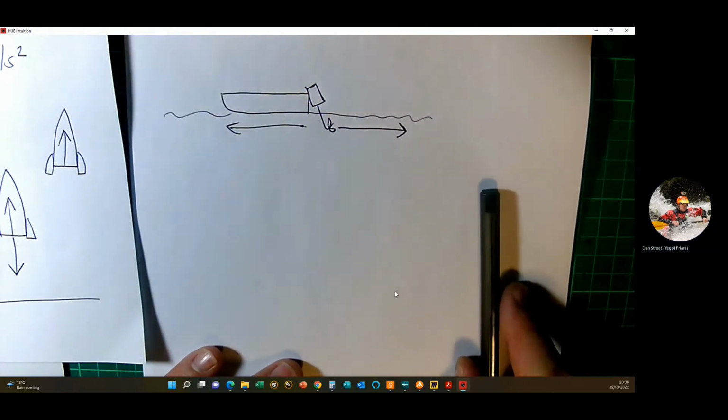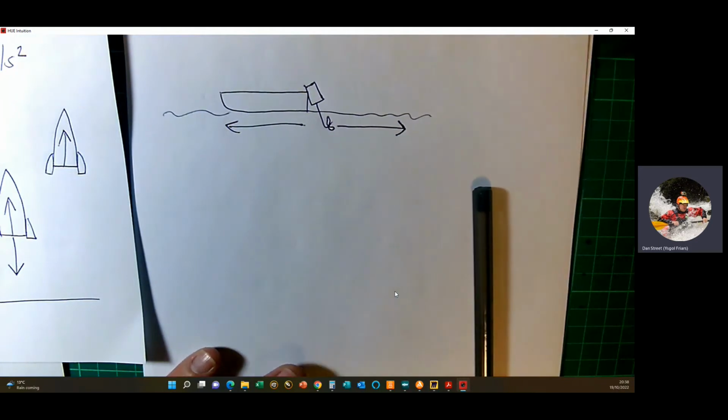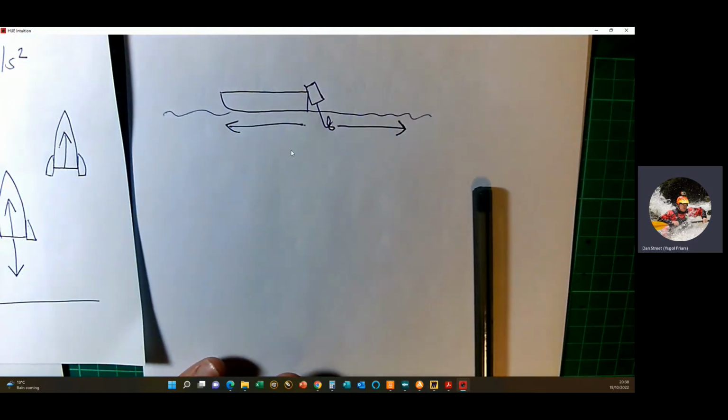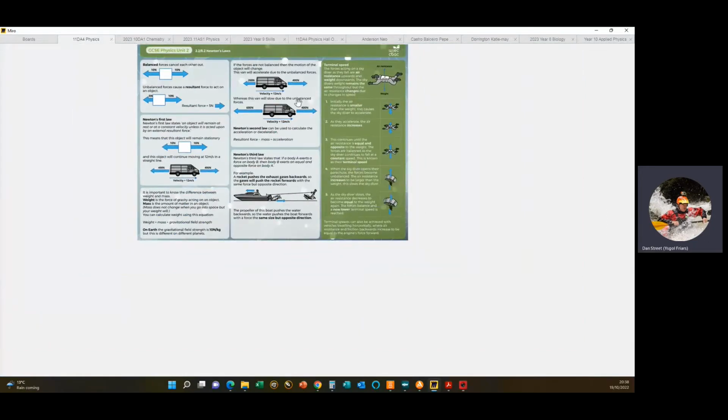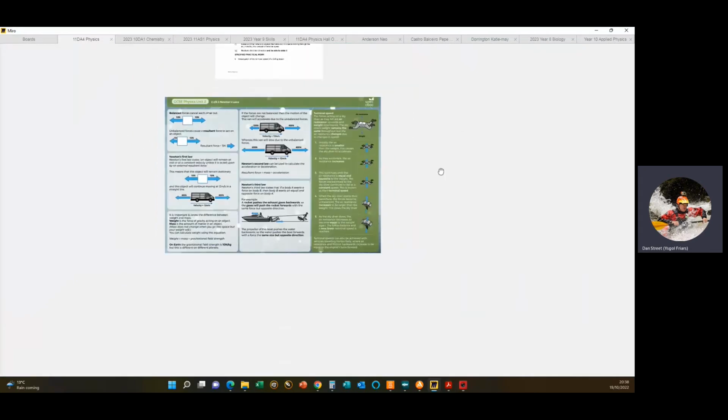So that was a very quick run through Newton's laws. You can rewatch the video, make some notes, and use the knowledge organizer, this document here, to make sure you understand the three laws appropriately. There are other examples mentioned here that you can have a look at.